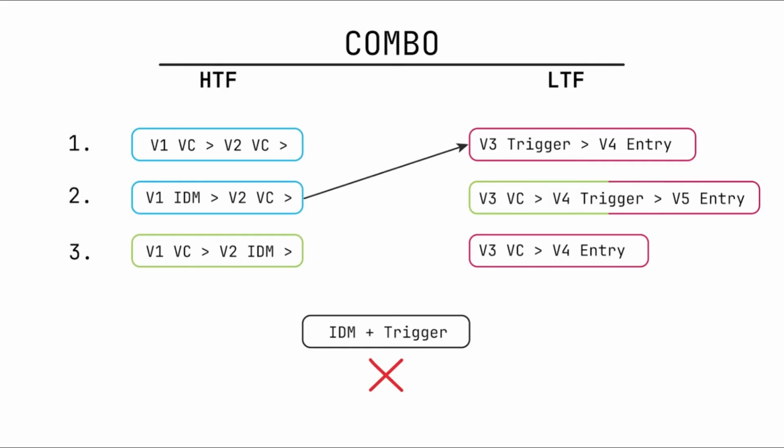Fourth combo, HTF2, LTF1. This is also one of the most widespread combos. Fifth combo, HTF2, LTF2. We need to receive this when we do not find the trigger in LTF1. Sixth combo, HTF2, LTF3. We receive this when we do not find the trigger in LTF2. The next two combos are more interesting because here we apply the rule that inducement cannot be combined with the trigger.